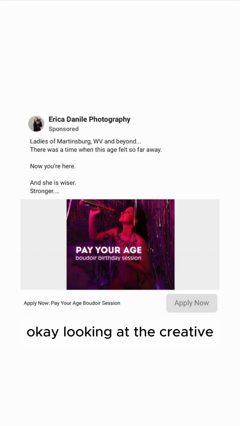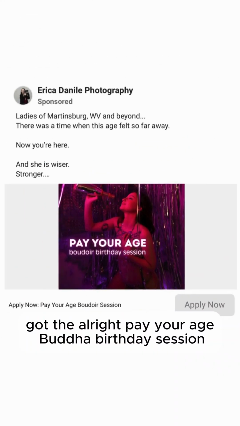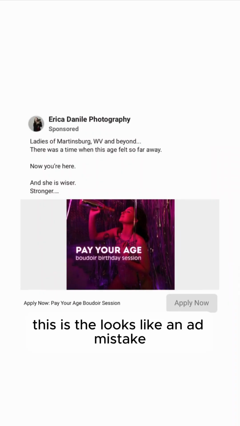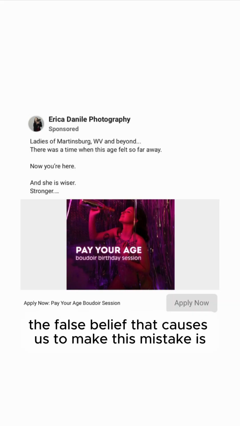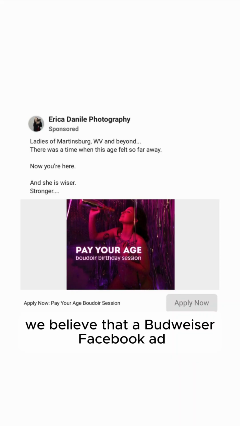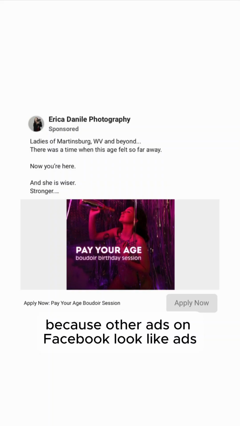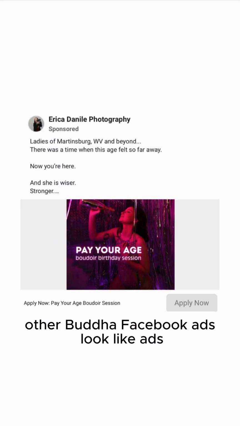Okay, looking at the creative, we've got the "All right, pay your age Boudoir birthday session." So this looks like an ad mistake. The false belief that causes us to make this mistake is we believe that a Boudoir Facebook ad should look like an ad because other ads on Facebook look like ads, other Boudoir Facebook ads look like ads.